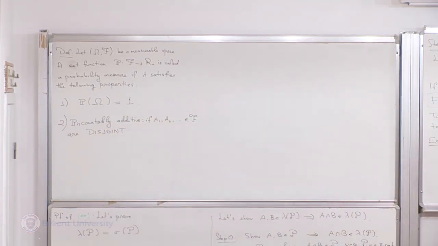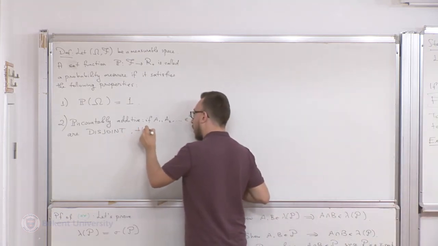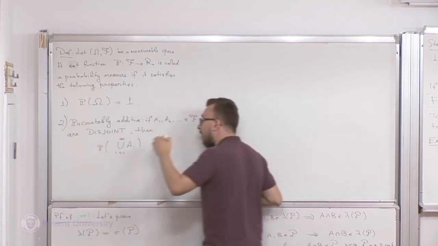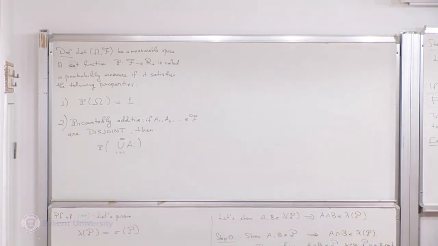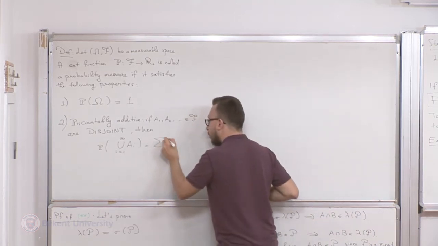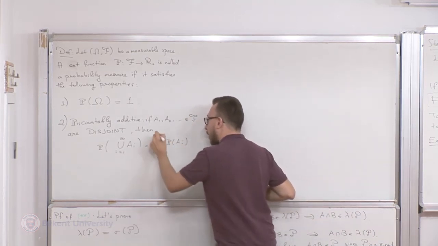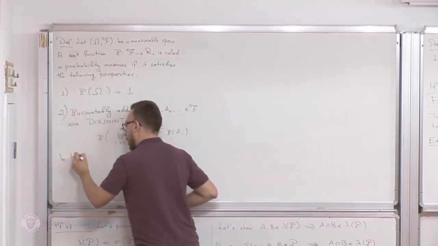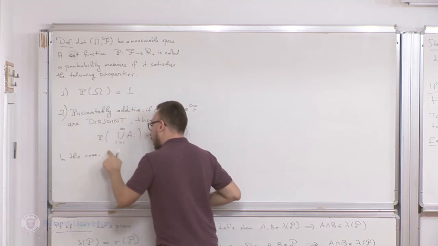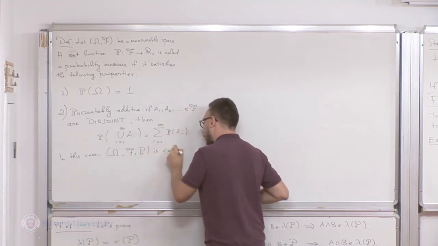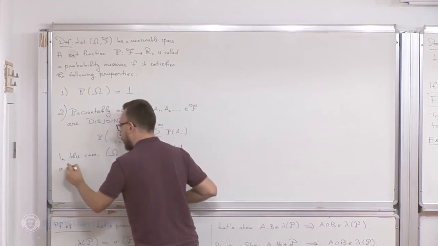Just take any two of those sets and their intersection is empty, then the probability of the union, so probability that one of those events, A1, A2, etc., is going to happen is the sum of the probabilities of the individual events. In this case, (Omega, F, P) is called a probability space.